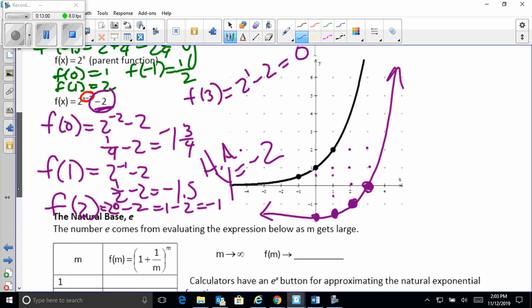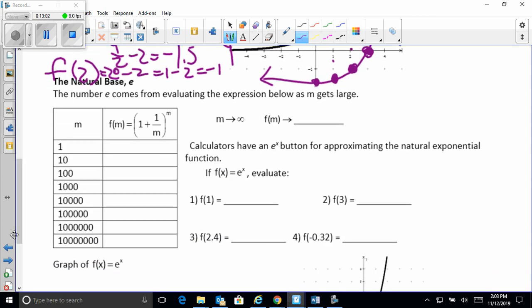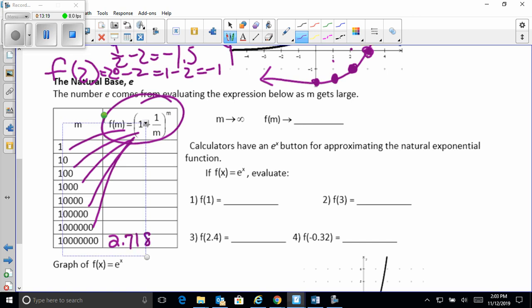Now, you've heard of e. If you recall what e is, it's this function evaluated as the variable m is large. So as we plug in a larger number, we start to notice that f of m converges to this number.